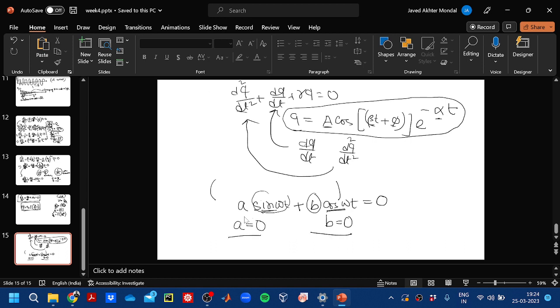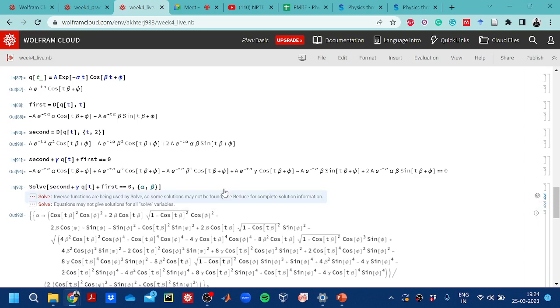From the equation that we are having, we see that cosine has some coefficient and sine has some coefficient term. So these coefficients must be equal to 0.